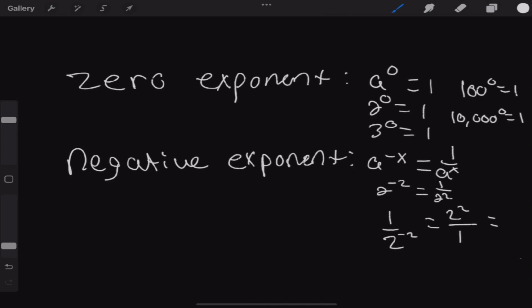Your 1 just goes away, and you're left with 4. Later on, when I show some examples of these, you'll understand how you have to flip it with a fraction. But overall, it's a pretty simple rule to memorize.